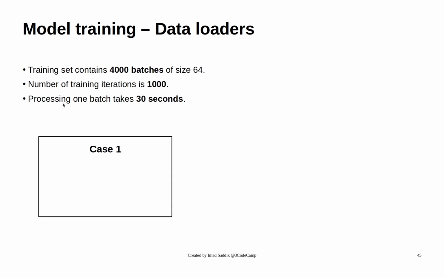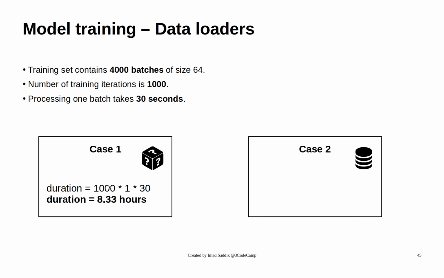If processing one batch takes about 30 seconds, we can calculate the training time. In the first method, we take 1,000, multiply it by 1, because we have just one random sample that we selected, and we multiply that by the time it takes to process that batch. This will give us 8.33 hours. In the second method, we multiply that by 4,000, because we want to process all batches in each iteration. If you do this, then you will get 1,388 days.